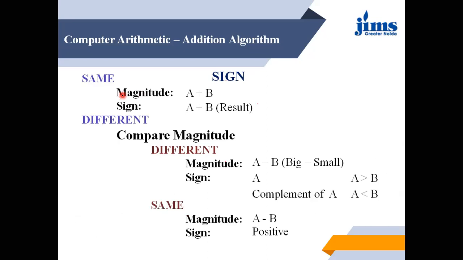As I told you, to find the value of addition in all the cases, first we have to check the sign of the numbers that we are going to add. If the signs are the same, then add the numbers, and the sign will be the sign of either A or B.